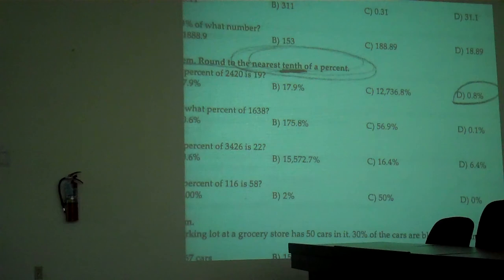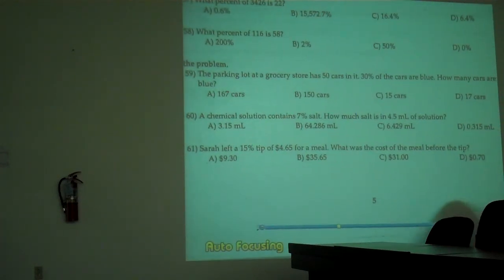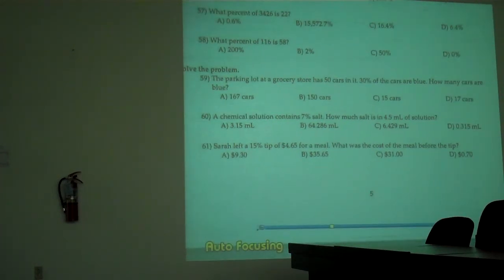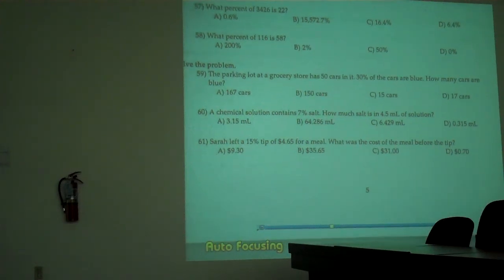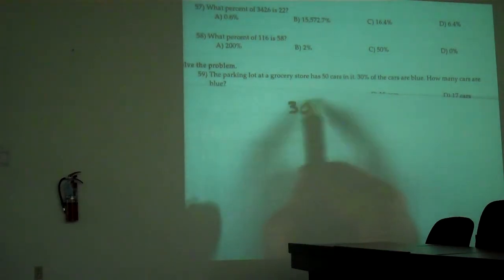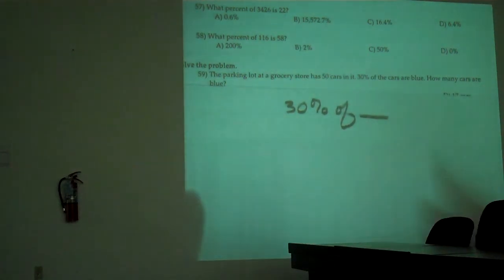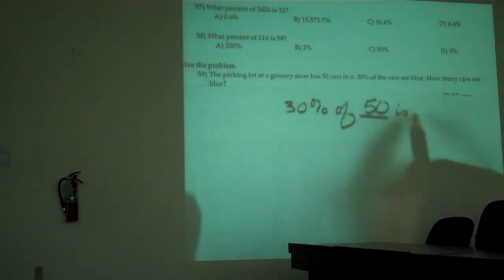Okay, now we have a few word problems, but don't let word problems freak you out. The parking lot at a grocery store has 50 cars in it. 30% are blue. How many cars are blue? 30% of what? Of the 50 is how many are blue, right?